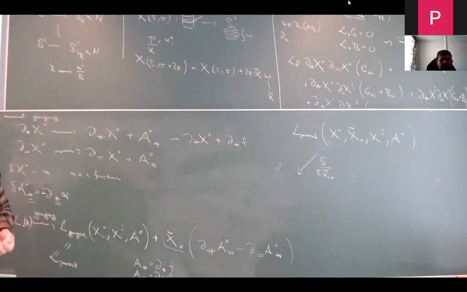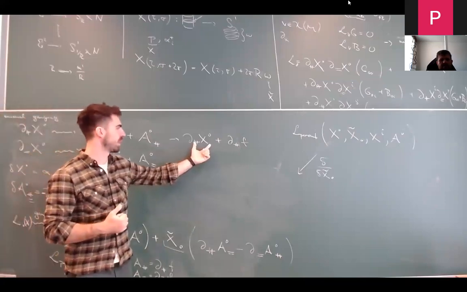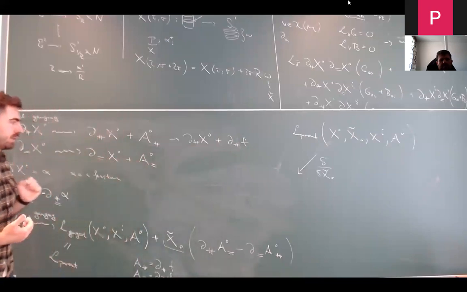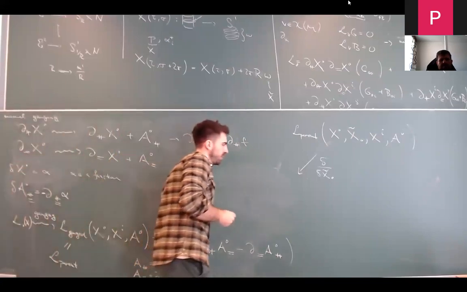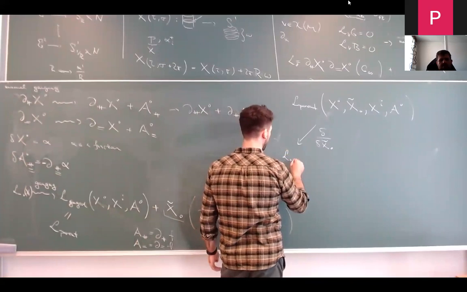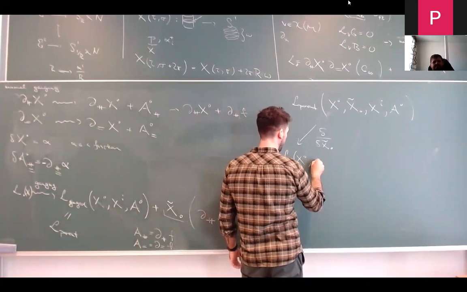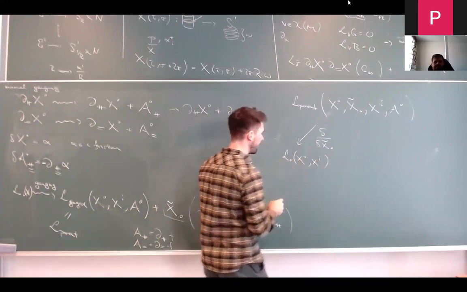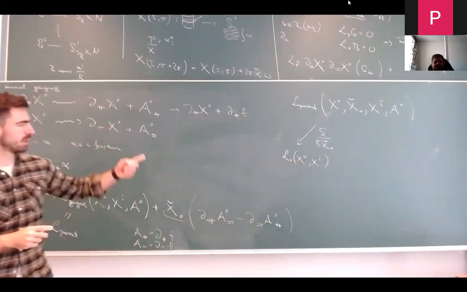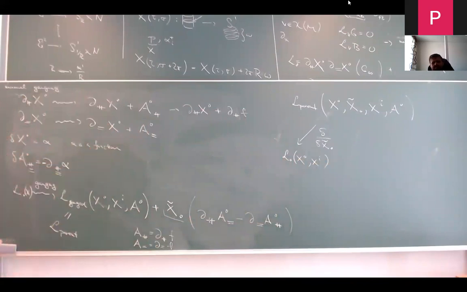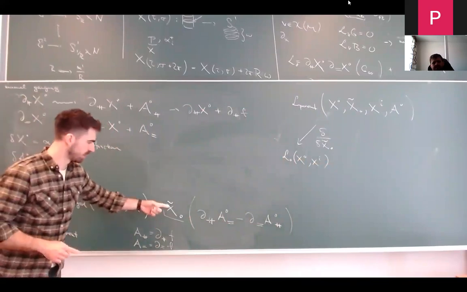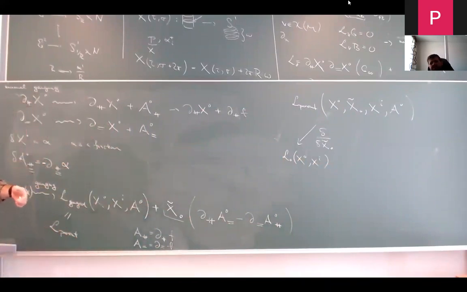I can just field redefine my x naught to x naught plus f, and when I do that, I will end up with the original version, with the original geometry. So I did nothing, right? I have this equivalence on integrating out x tilde naught. But I suggestively wrote it as x tilde naught so that there's some relation to x naught. And I can do the other way around.